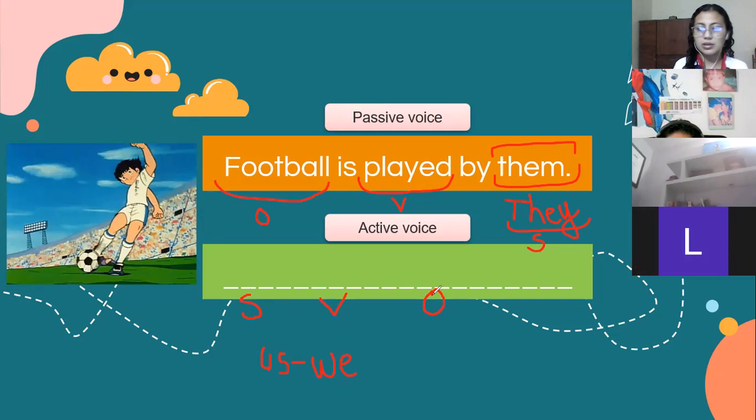So, tell me. ¿Cómo quedaría nuestra frase?